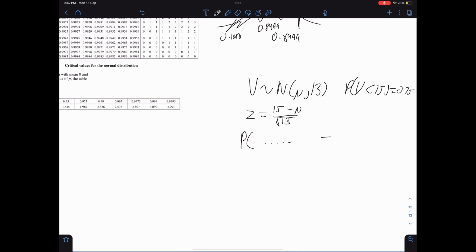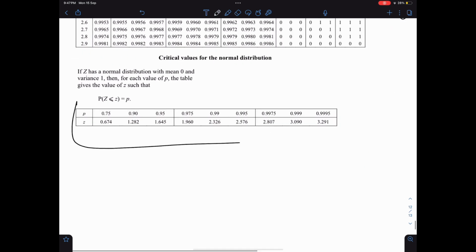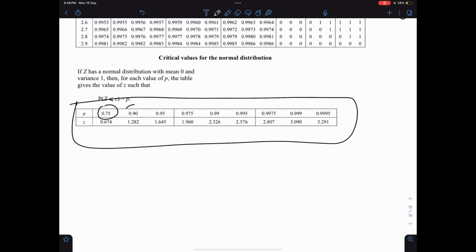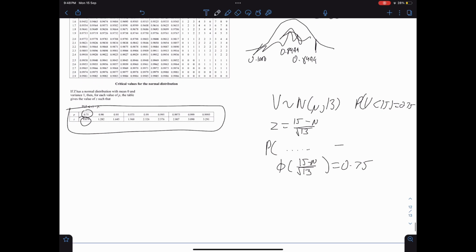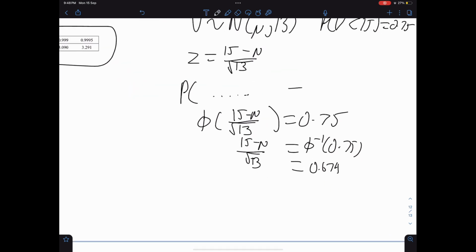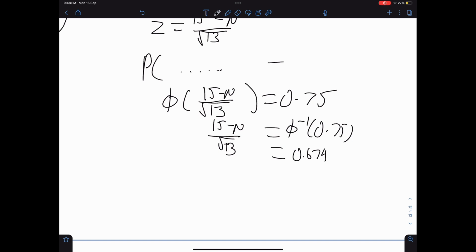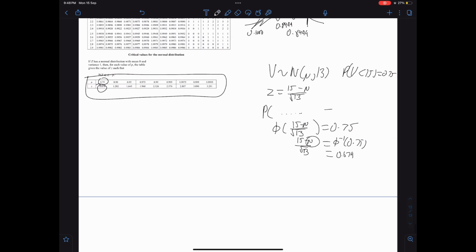So then you eventually get to phi of (15 minus mu) over root 13 equals 0.75. And this is also another important note of these critical values. Sometimes you can use these. So the 0.75, you can instantly say that the relevant z value is 0.674. And then with some simple algebraic rearrangement, you can get that mu. And you could get the same question with sigma instead.